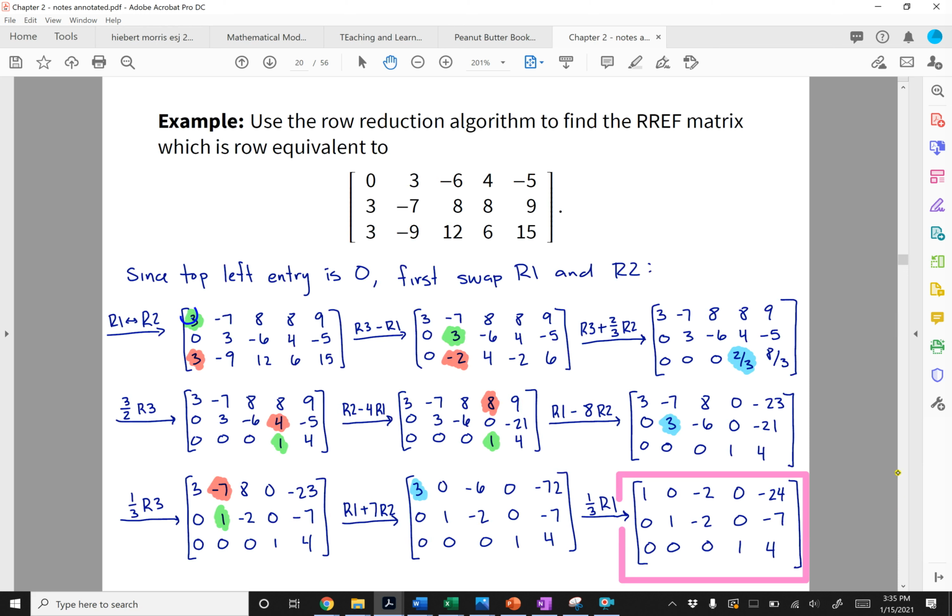But use the 3, and that's what they did here, right? They swapped these to make that one a non-zero, and then they're going to use that to get that 3 to 0 by multiplying by -1, and now everything below that is 0, so you move to the next row, first non-zero, then use that to get the ones below it, etc. So you can pause it and look carefully at the steps that they do.